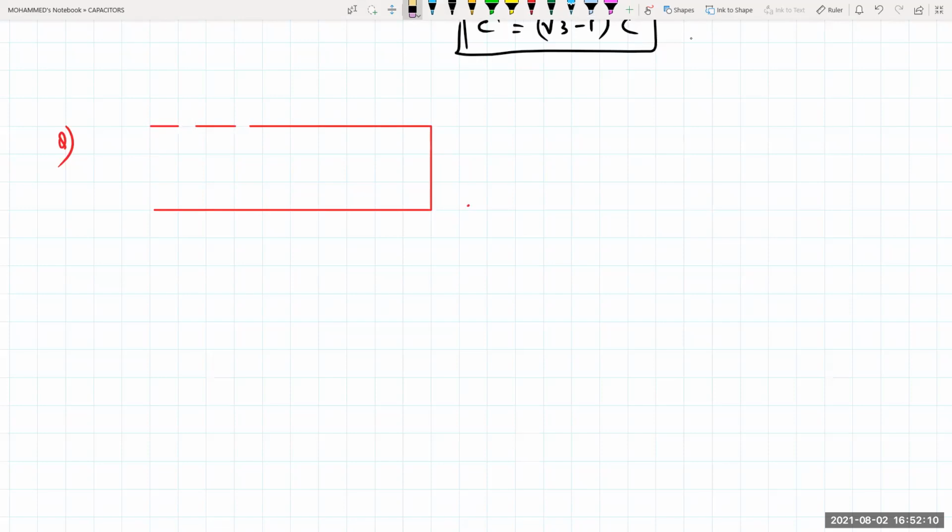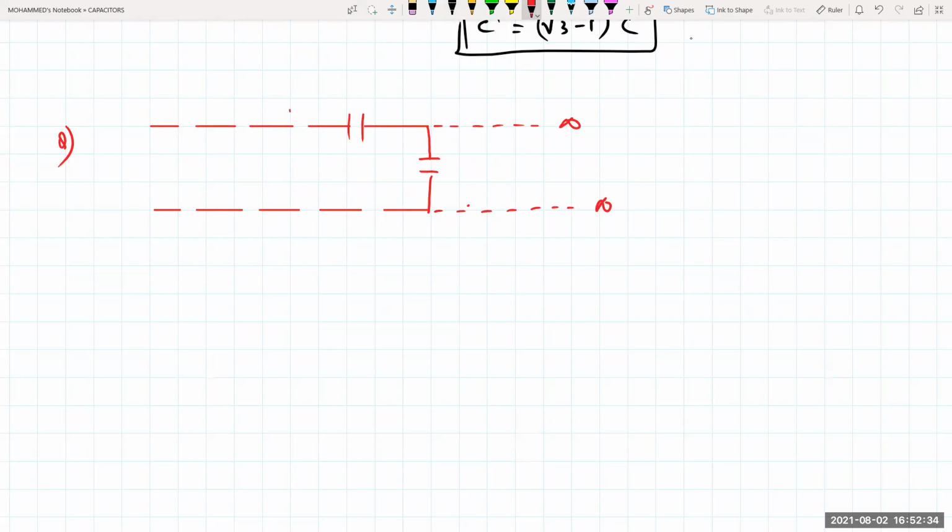Okay, and this one is going up to infinity. This one is also going up to infinity. And here there is one capacitor like this.